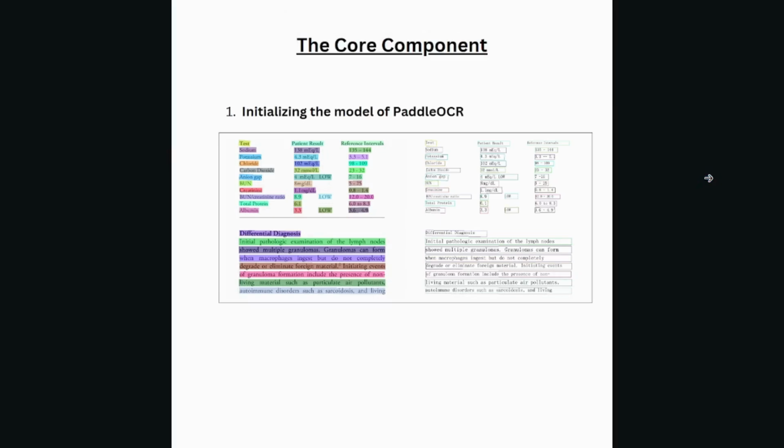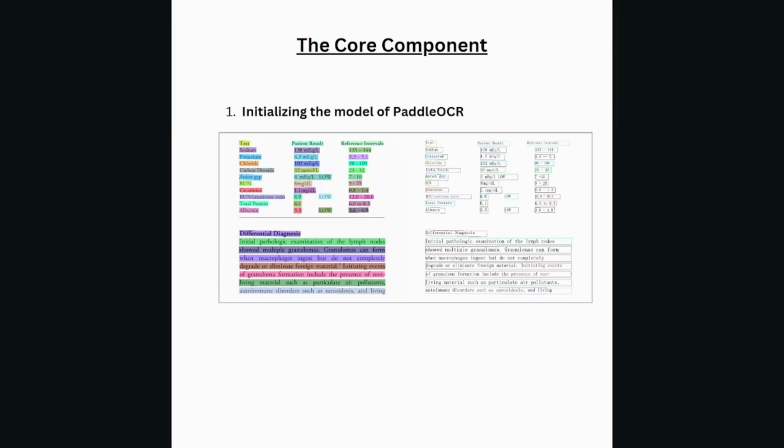Talking about the core component, we have 6 steps which ensure that the given image is converted into the desired format accurately and reliably. The first step is initializing the PaddleOCR model. OCR, or optical character recognition, is used to extract text from an image, which may be in a particular shape, a particular font, or in the form of tables. PaddleOCR is a widely used model for detecting tables in an image file.